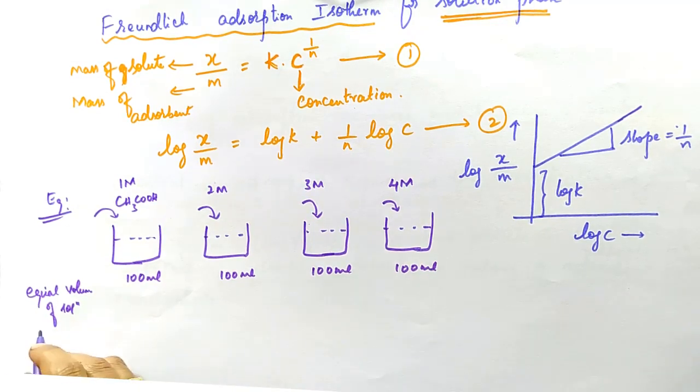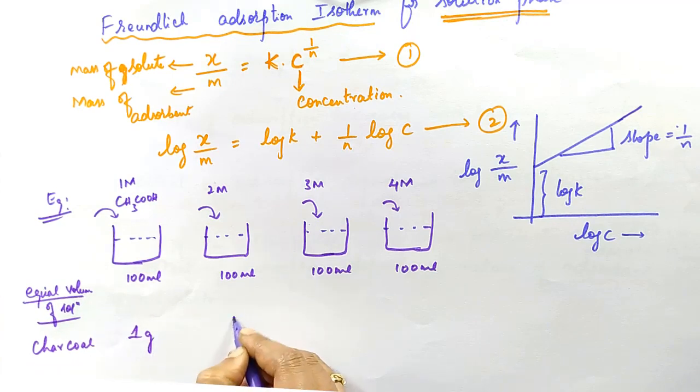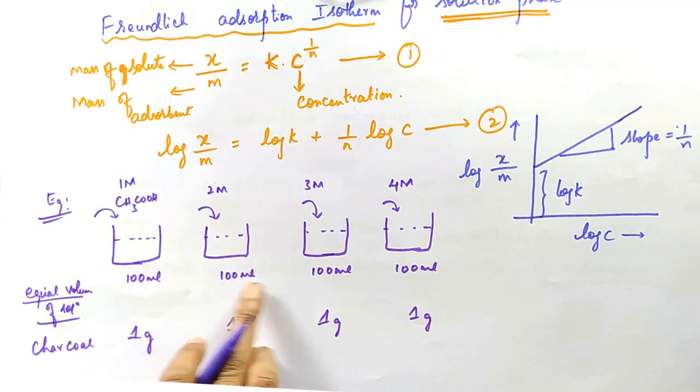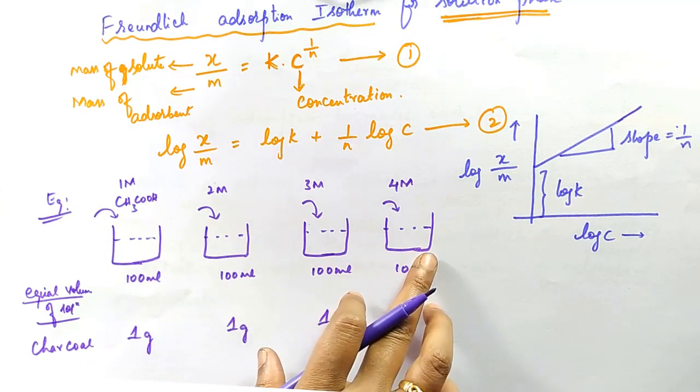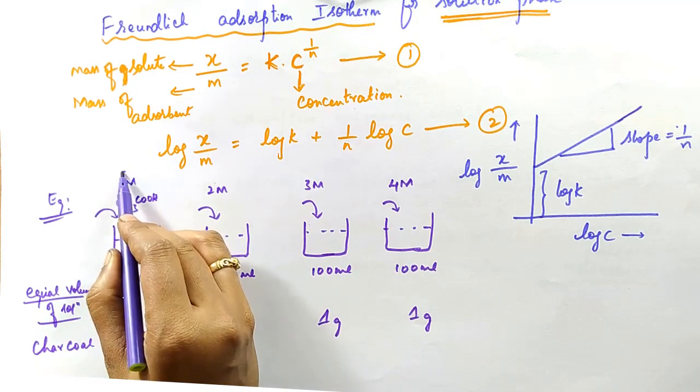Let us place equal amount of charcoal, that is 1 gram in each beaker. I am placing 1 gram of charcoal and 100 ml of acetic acid solution in all the beakers. But I am changing the concentration.